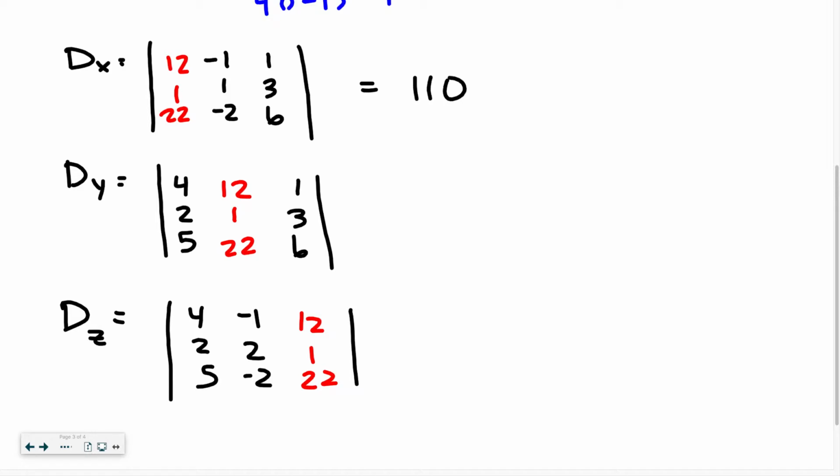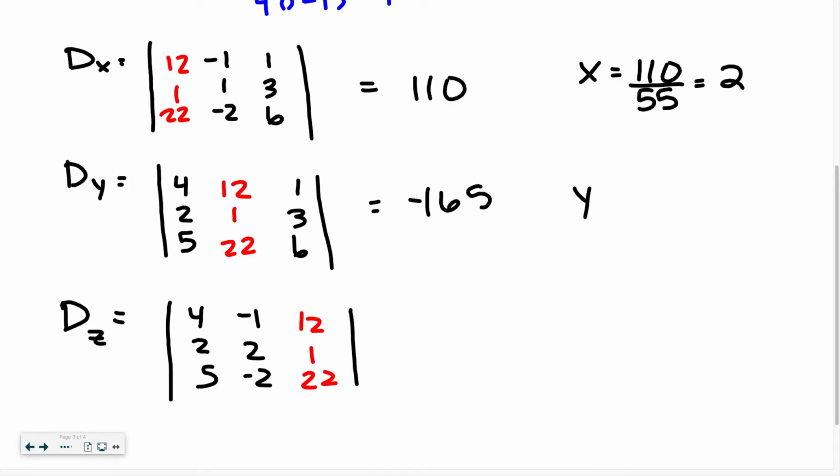110. So then x is 110 divided by 55, which is 2. Okay, d sub y's, what did you guys get for your number? Negative 165 for the determinant.